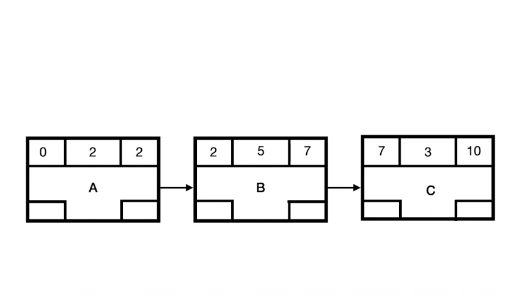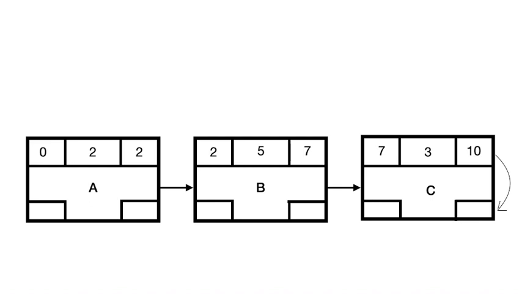The late finish of the last activity would be the early finish of the activity. And as you can see, as far as activity C is concerned, the early finish of this activity is 10. So we just take this number 10 and put it down.